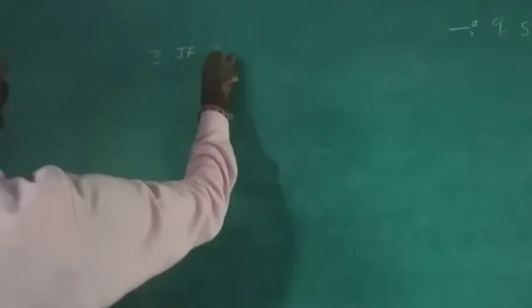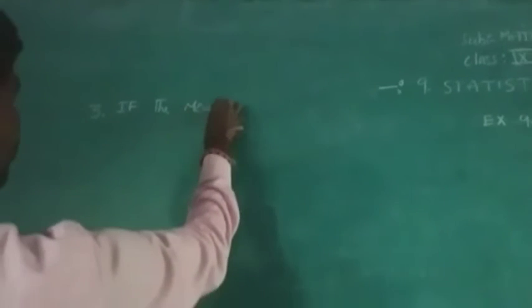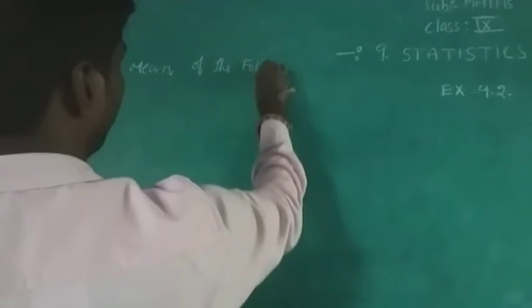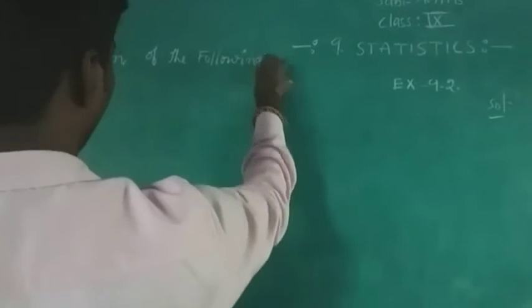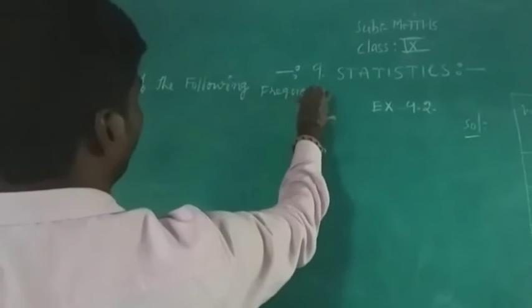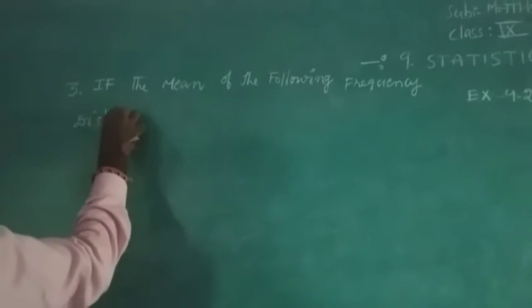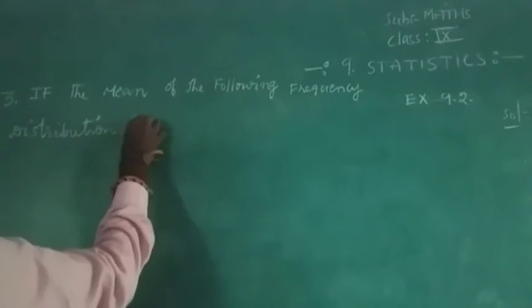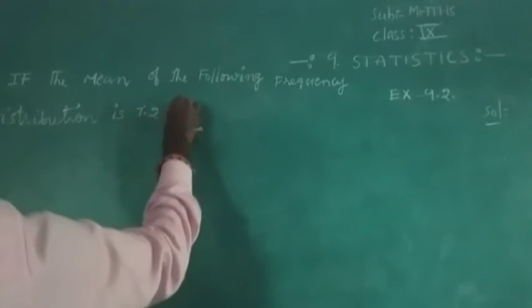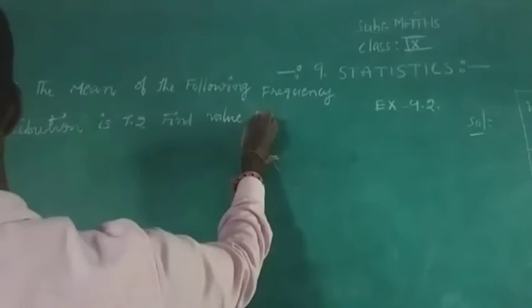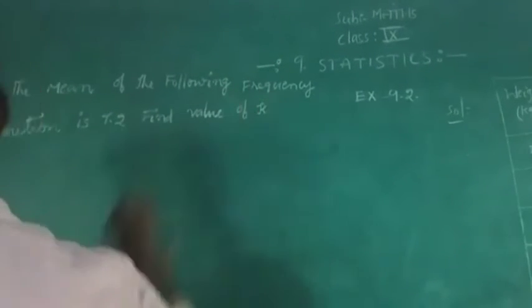If the mean of the following frequency distribution is 7.2, find the value of k.